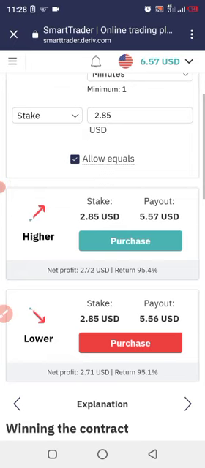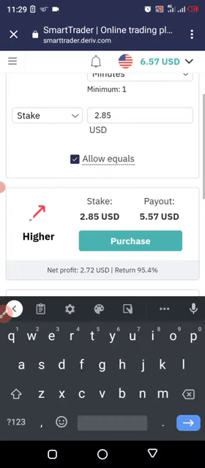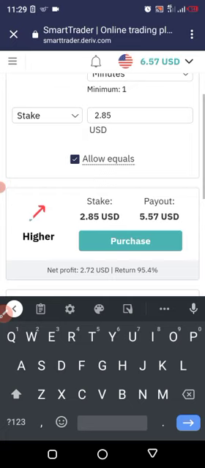Remember, let me remind you, if you are using a mobile phone, you will not get 100% results. But if you are using a PC, your result will be as I am giving it out now. I just took 2 trades and you saw the results. I'm going to roll over this 5.57 for my next target. I'm going to roll this over.